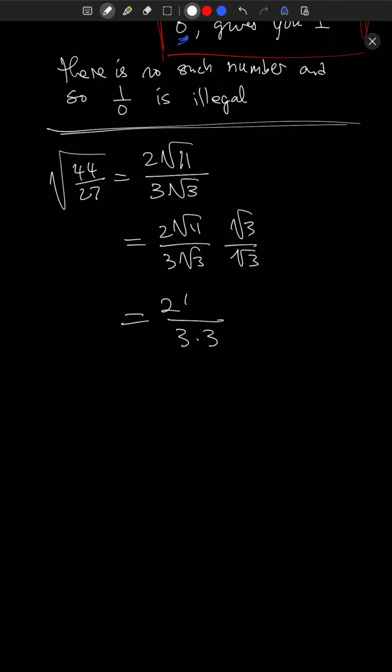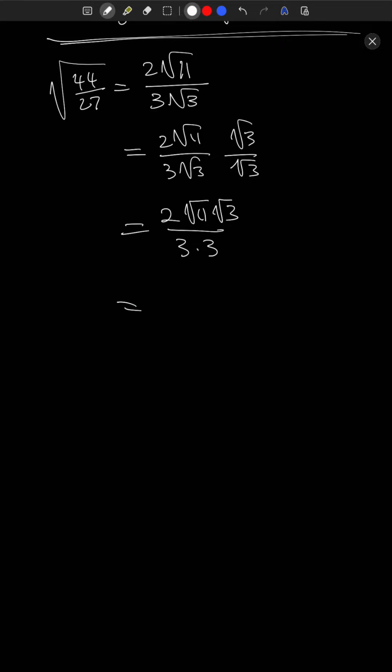And then on top is going to be 2 root 11 times root 3. If we clean everything up, this will look like 2 over 9, right? So 3 times 3 is 9. And then on top we have a root 33. Okay, so let me write it like this. And now we have no square roots in a denominator. It's just a nice clean 9. All right, so get into the habit of doing that as well.